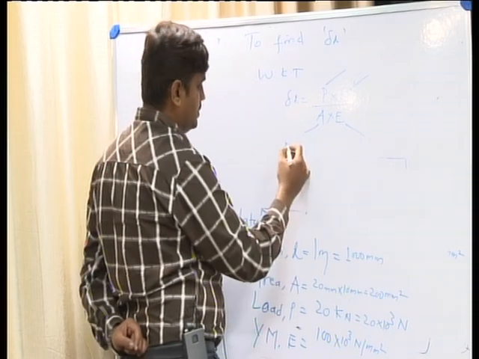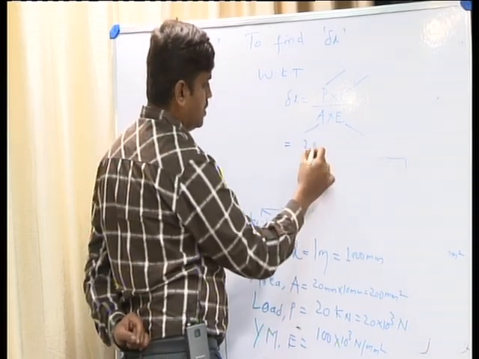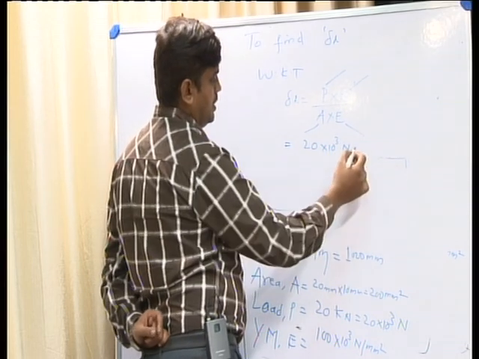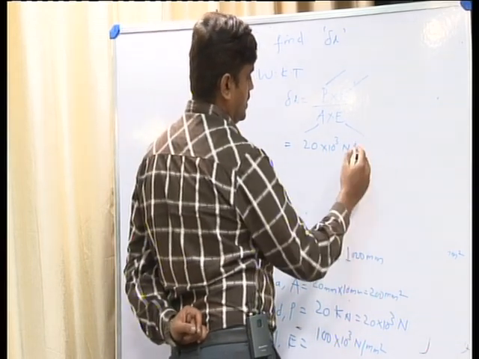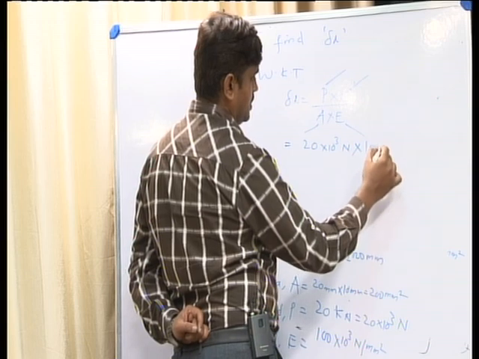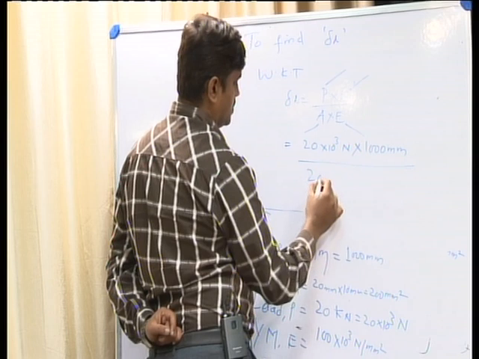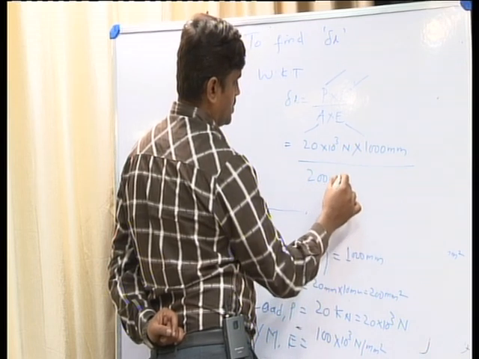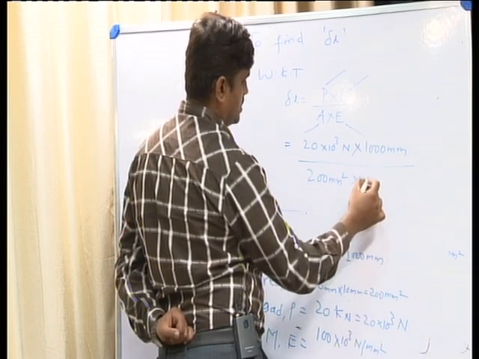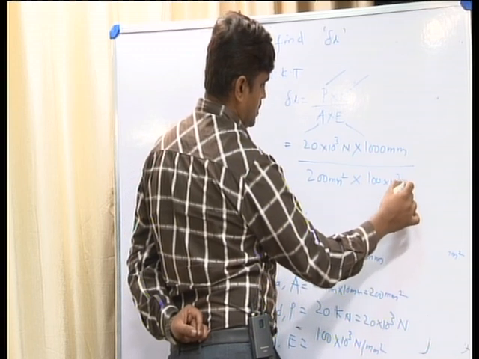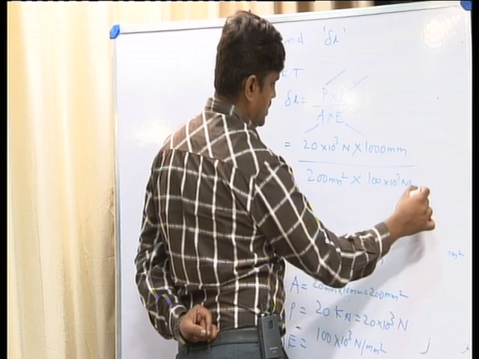What is the P here? 20 into 10 raised to 3 Newton, length 1000 mm, cross sectional area 200 mm square, Young's modulus 100 into 10 raised to 3 Newton per mm square.